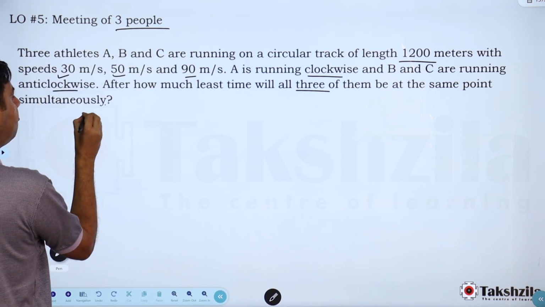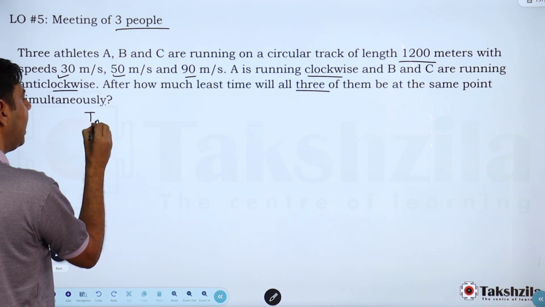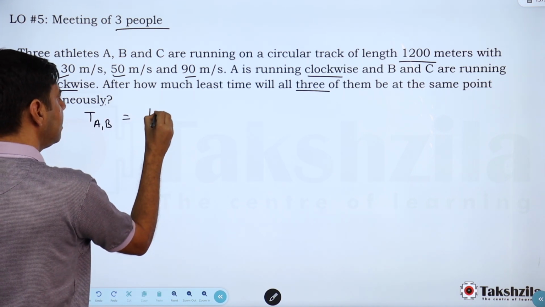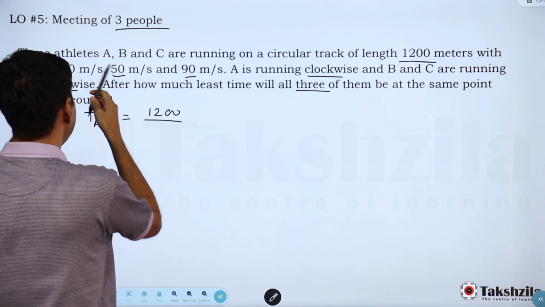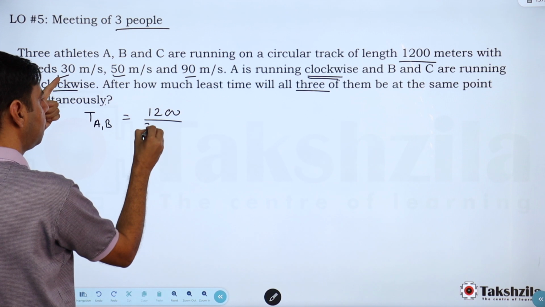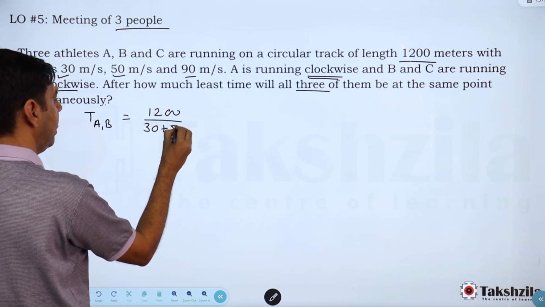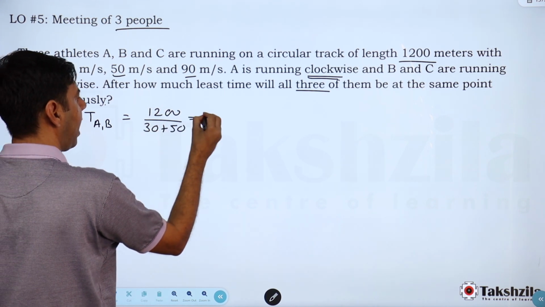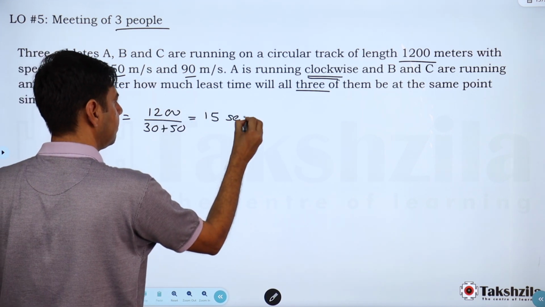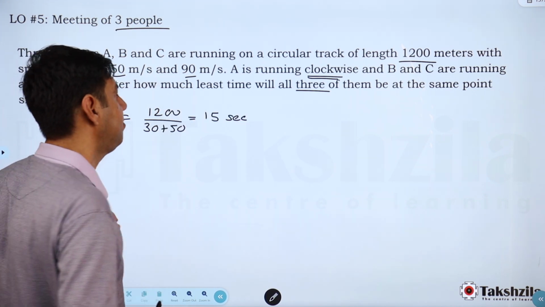So the way is you find the time taken to meet for A and B, any pair. For A and B, the track length is 1200 and their speeds are given, but they are running in opposite directions, so it is going to be the summation of the speeds. That is 80. 80 will cancel and I will be getting 15. What are the units? Seconds. In 15 seconds, A and B are going to meet.